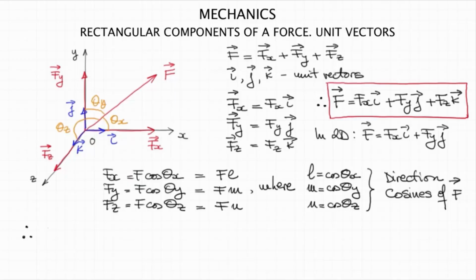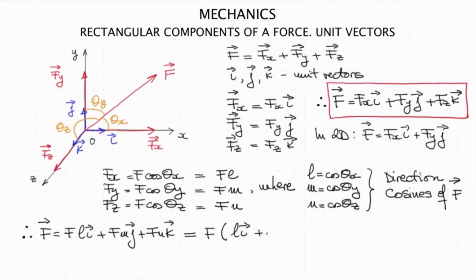So therefore, in the end, we can express F as equal to F times l times i plus F times m times j plus F times n times k. And if we factor out F, this will equal F times (li plus mj plus nk). We can call the expression in the parentheses vector lambda.